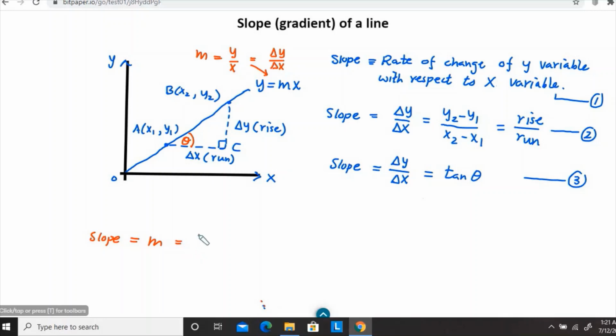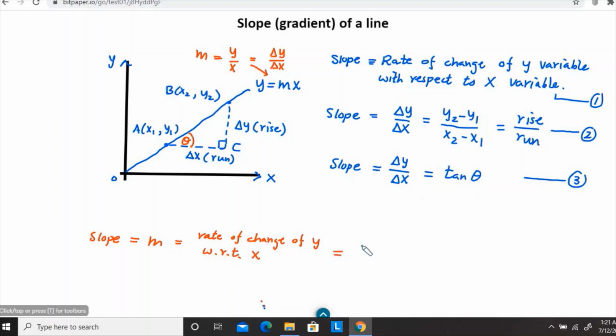The first definition says it's the rate of change of y with respect to the x variable.